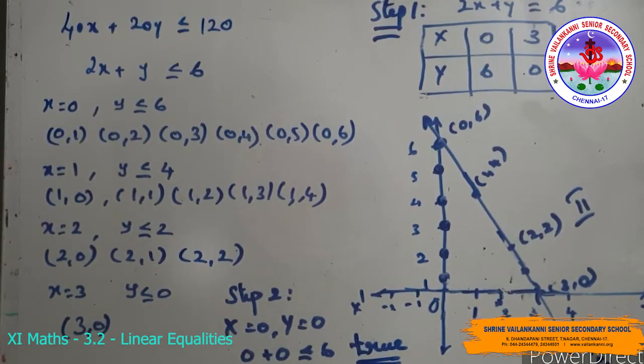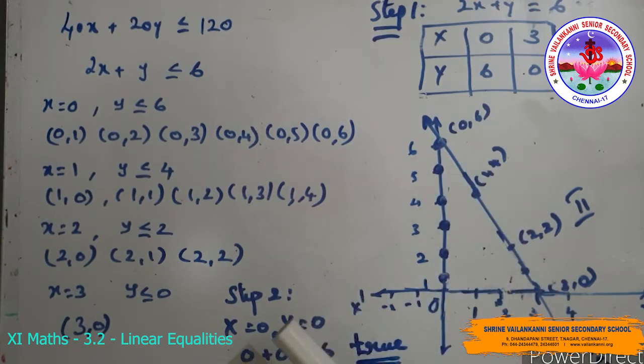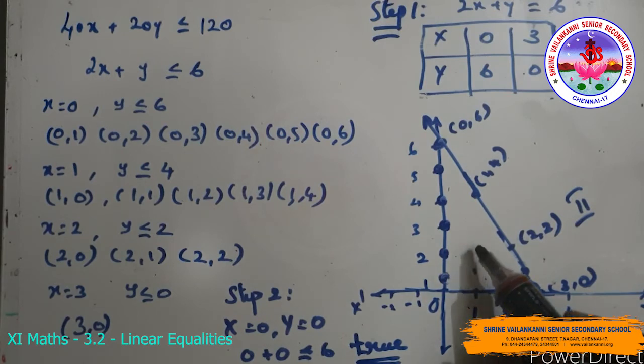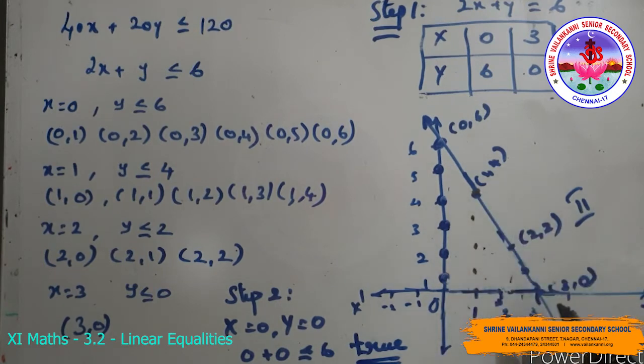Plotting these points in a graph: (0, 1), (0, 2), (0, 3), 4, 5 and 6. And again when x is 1, y is less than or equal to 4, so (1, 0), (1, 1), (1, 2), (1, 3) and (1, 4).